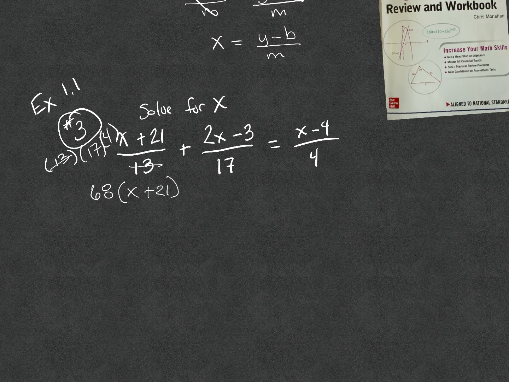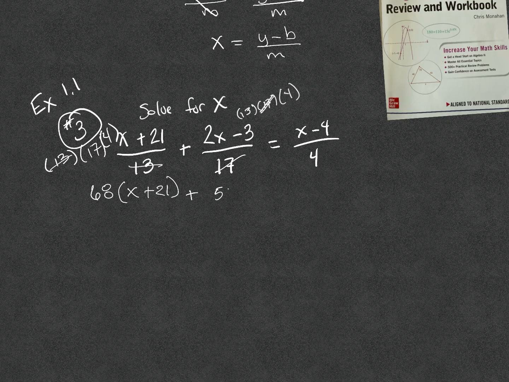Now for the middle term, we have 13, 17, and 4. If you remember, these 17s will cancel each other out. So then what we have is 13 times 4, which gives us 52.